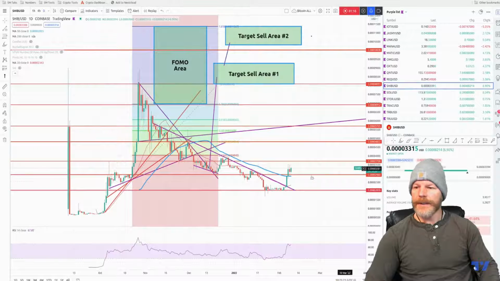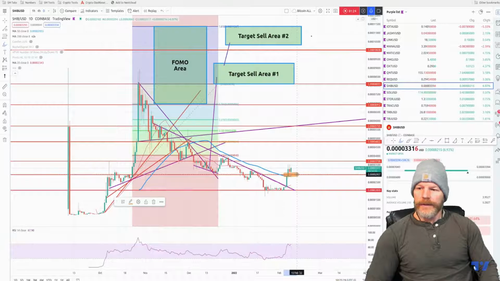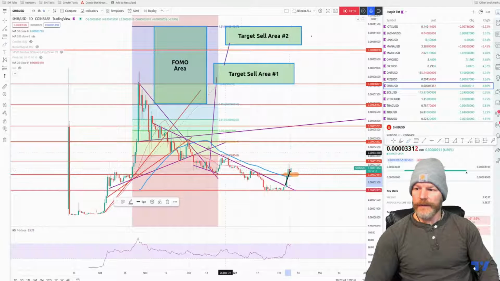All right, so currently we see Shiba sitting on this nice level of support, which really coincides with our 50-day moving average. All right, so we've got strong support here, and it looks like the market is taking that after we broke out to the upside of this descending triangle.